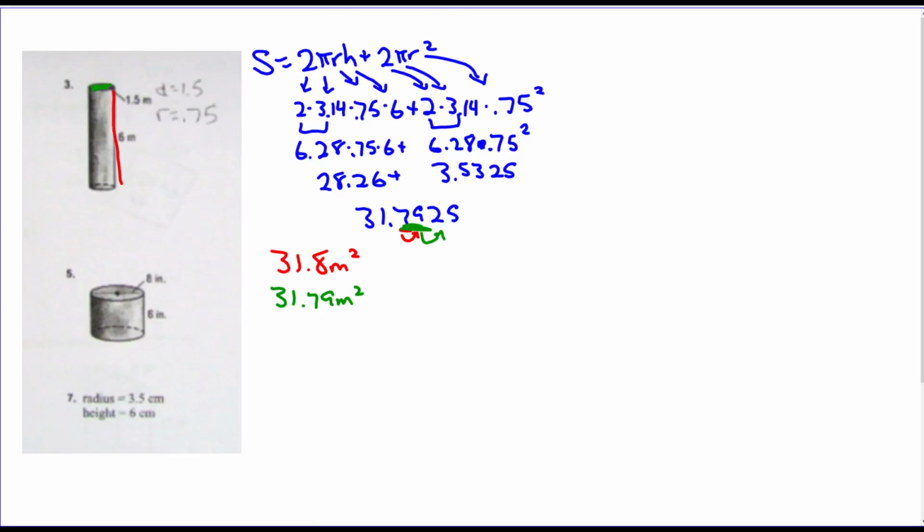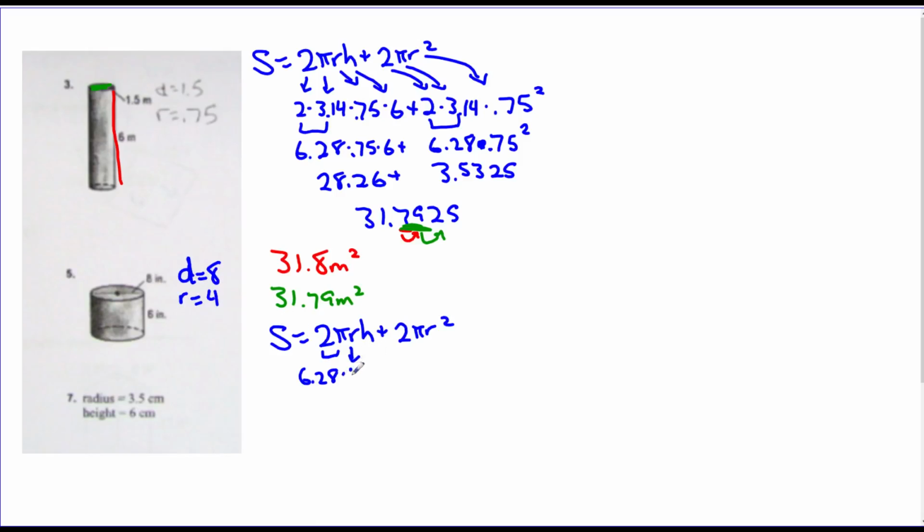So same idea. I'm going to copy my formula. And then we just fill in our numbers. So 2 pi, we said that's 6.28. Our radius, well, it doesn't give us radius, it gives us a diameter of 8. So the radius would have to be 4.